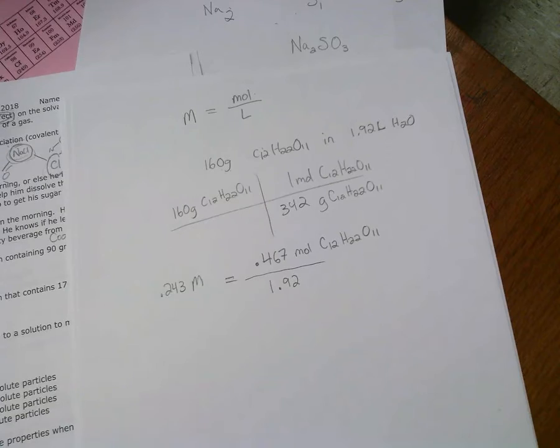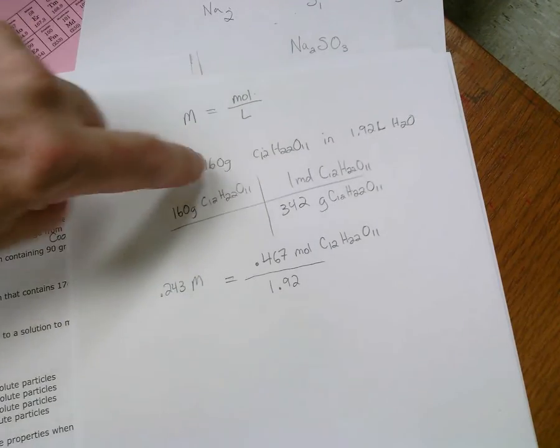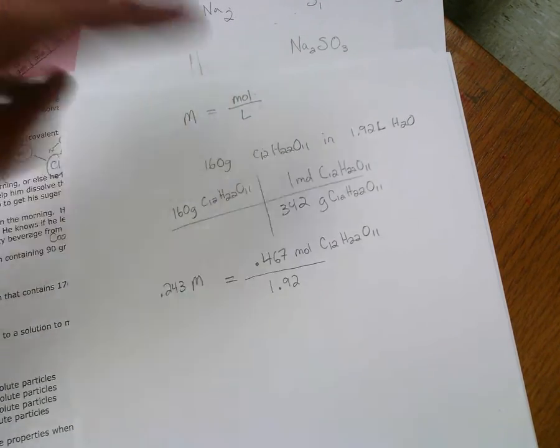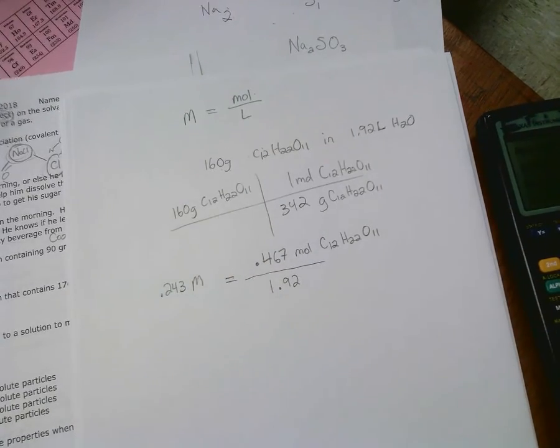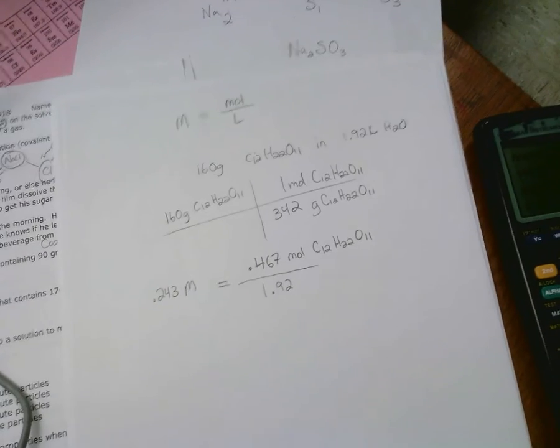Now, your numbers might not match mine. We might be rounding differently. It doesn't matter. This is the process for going from grams to moles, and then for putting the moles and the liters into the molarity problem there. So that was number 32.